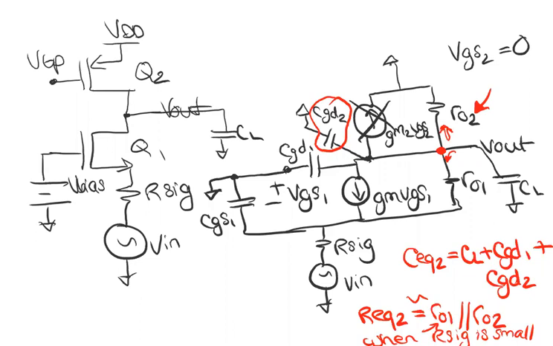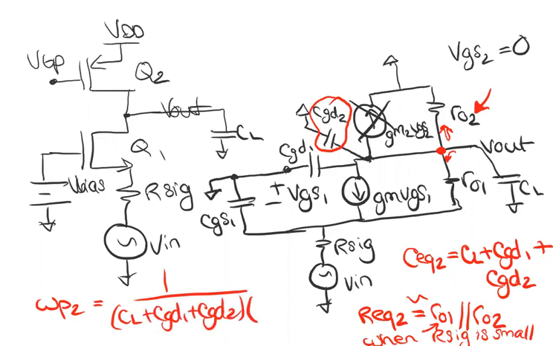So again, the majority of the change will be in your second pole in the frequency response, which will become 1 over the new CL plus CGD1 plus CGD2, times R01 approximately in parallel with R02 rather than RL. So that second pole moves. The first pole does not move because the first pole depended on the input side.